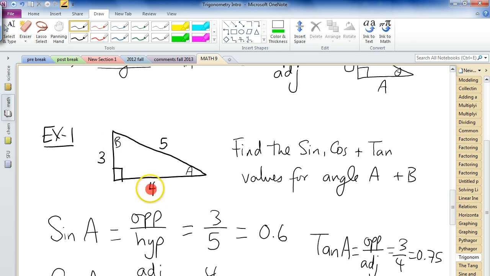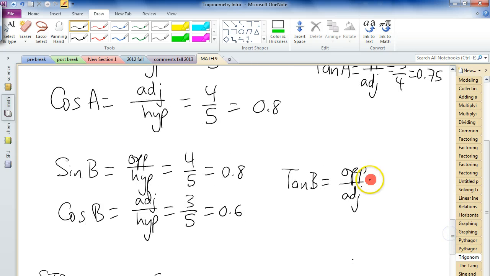What is the adjacent? 3. So it's 4 over 3, which is 1.3 repeated.